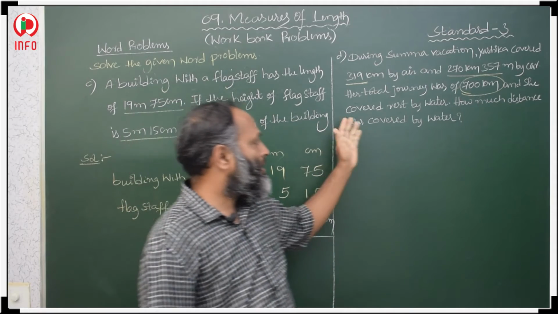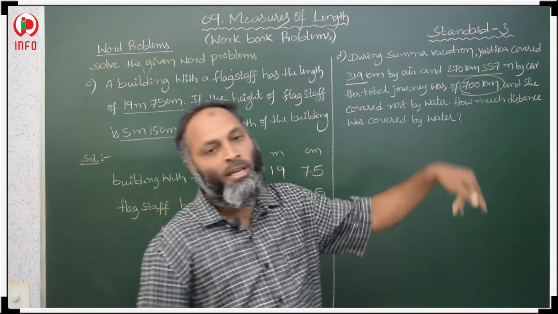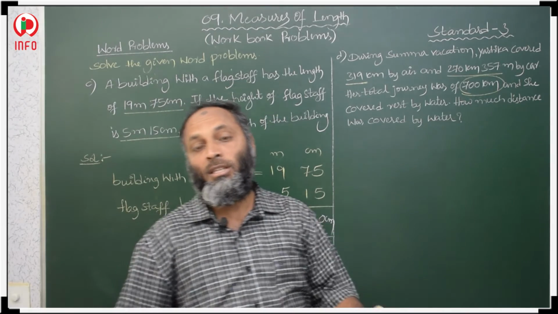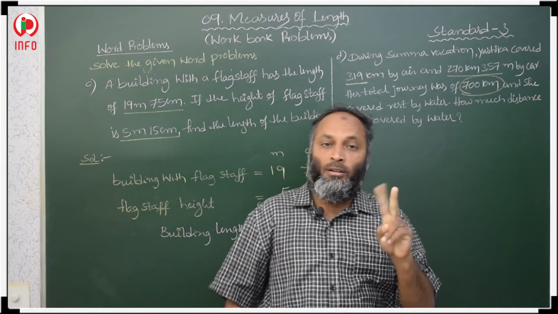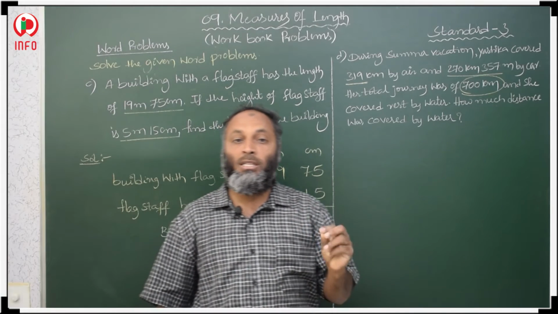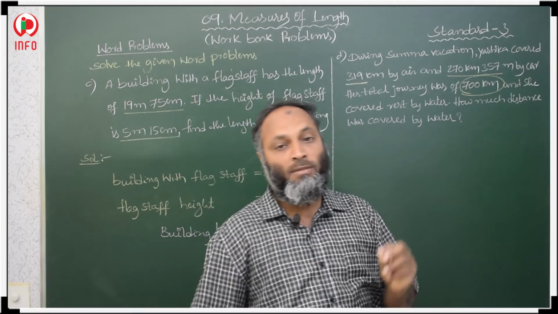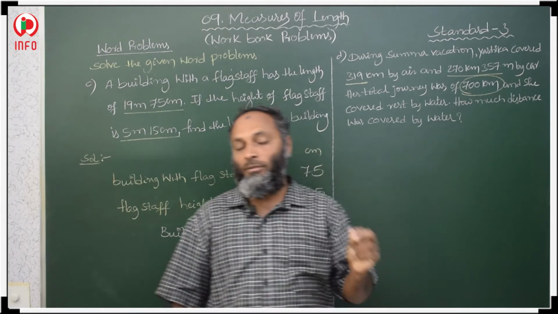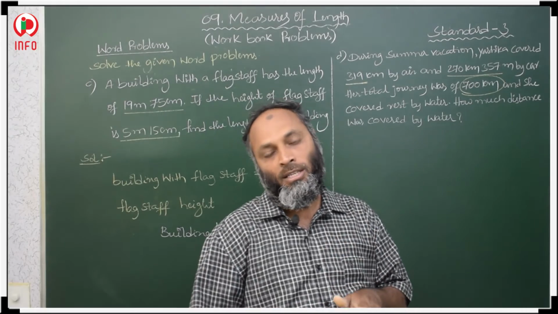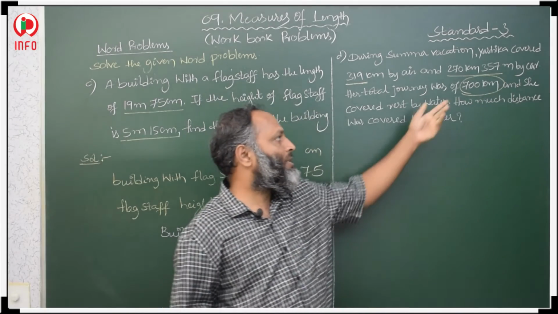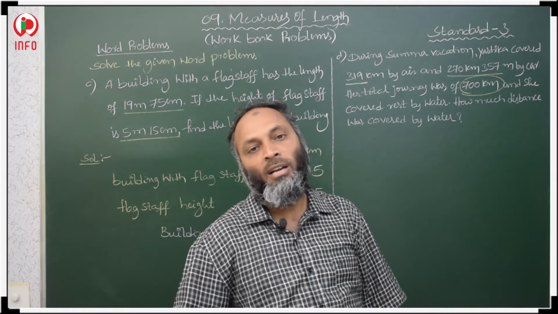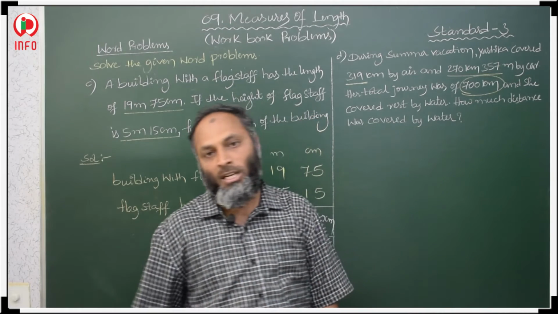The rest of the journey she covered by water. Then how much distance did she cover by water? Here two fundamental operations we have to do. First we have to find the total distance she covered by air as well as car. After finding that, we subtract that total from 700 kilometers. Then the rest of the distance, what she covered by water, you will get.